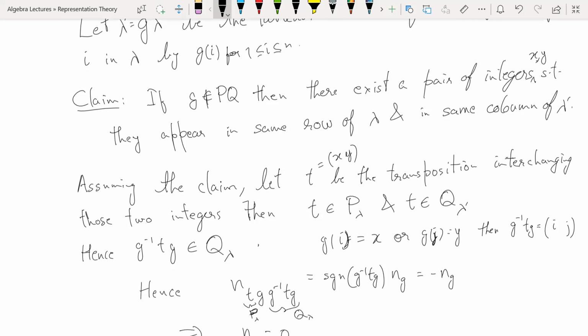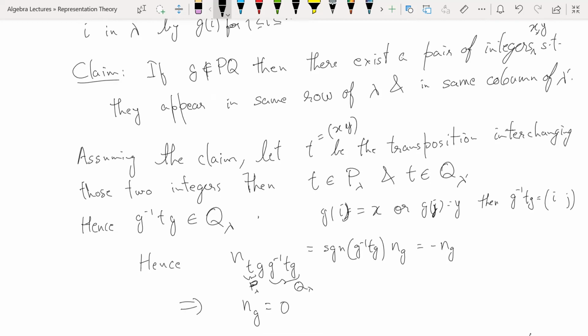So n is the same as minus n g inverse TG, but this is the same as ng, because g inverse gets cancelled and T square is identity, and what remains is g. Okay, so we get ng is the same as minus ng, which implies ng is zero. So assuming the claim, we are done.